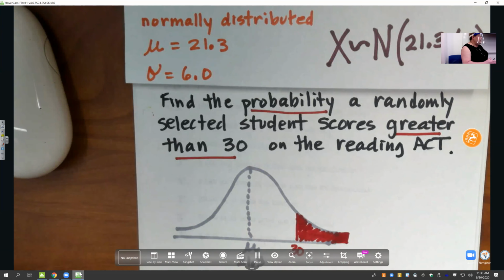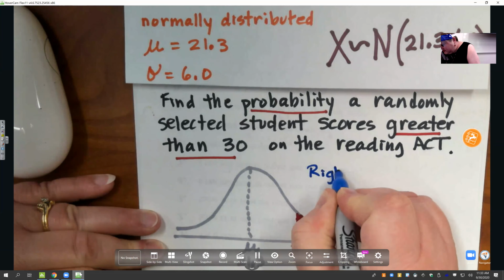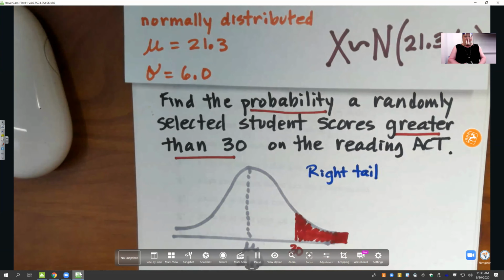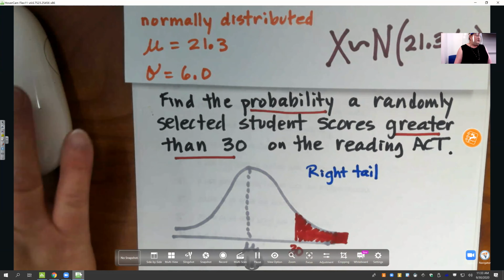Notice that this red shaded region is on the right. And guys, anytime you see greater than, it's going to be to the right. So this would be what we call right tail. Anytime you see greater than, it's right tail.